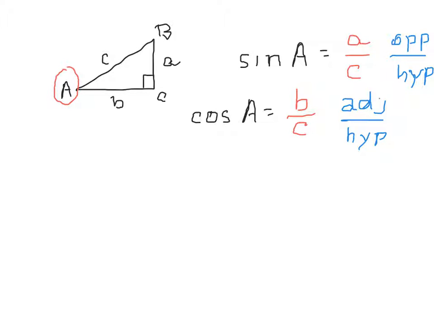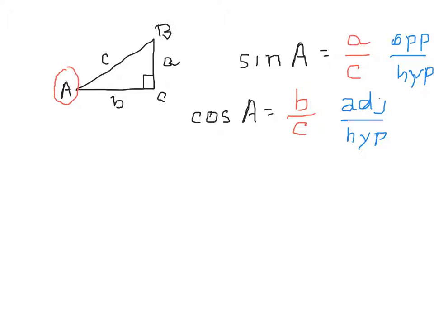The cosine of the angle is equal to the side adjacent to that angle divided by the hypotenuse. Now, notice when I say adjacent, I'm talking legs. I am not talking the hypotenuse. So in both these cases, the numerator of the ratio is referring to a leg, okay? And then the denominator is the hypotenuse.